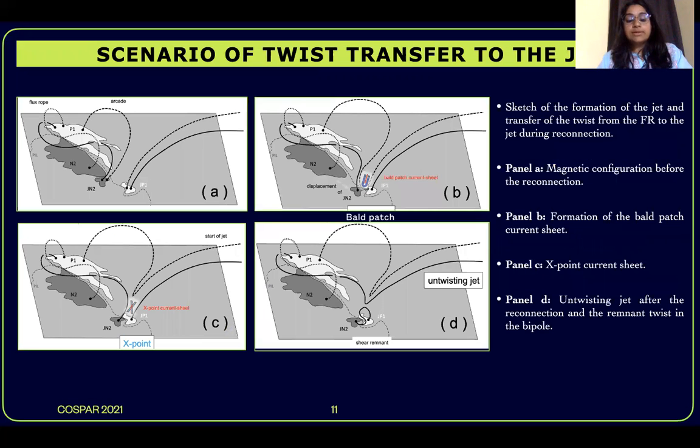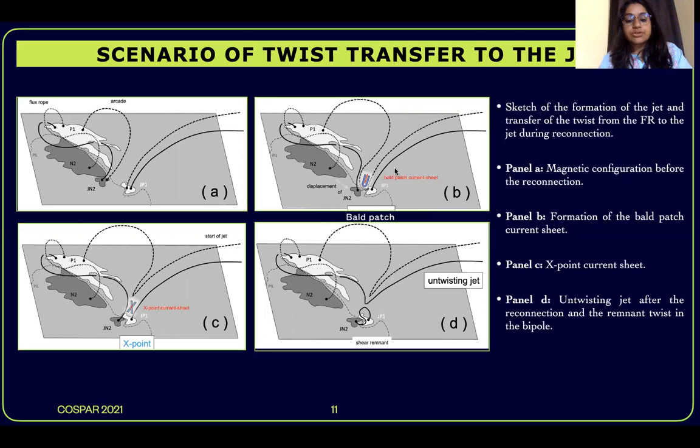To understand this whole scenario, we proposed a sketch of the flux rope, where the flux rope is shown between the two regions P1 and N2 with this solid black line, extended towards the south and making a small bipole, this JP1, JN2. A bald patch current sheet is formed between the overlying arcade of the flux rope and the magnetic field lines of the emerging flux regions.